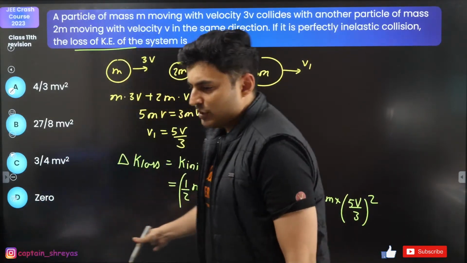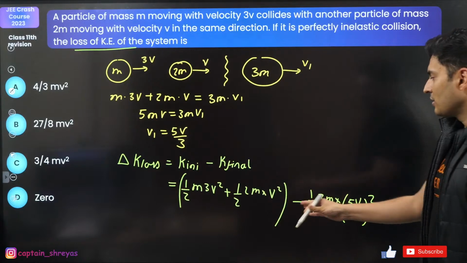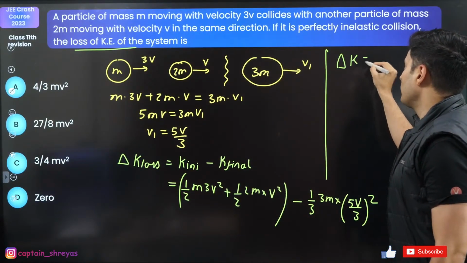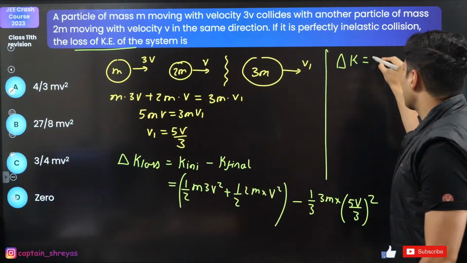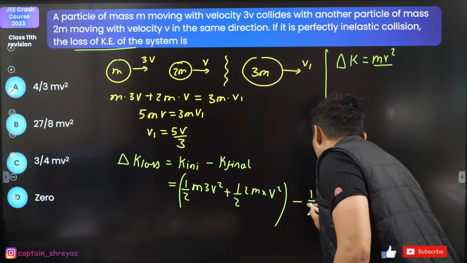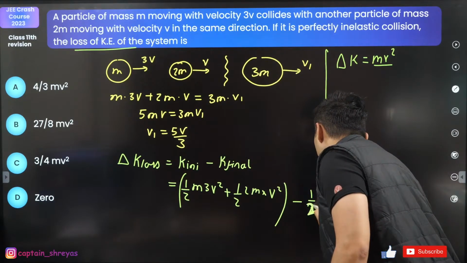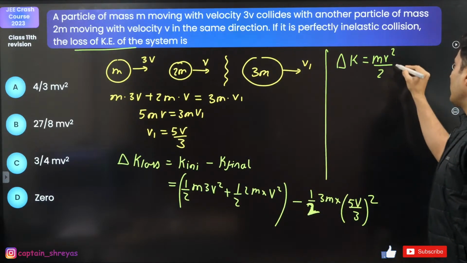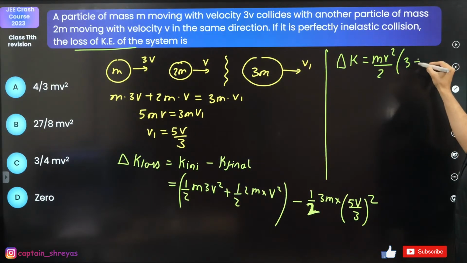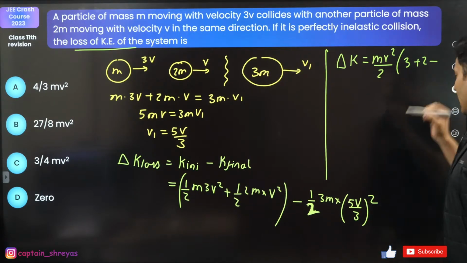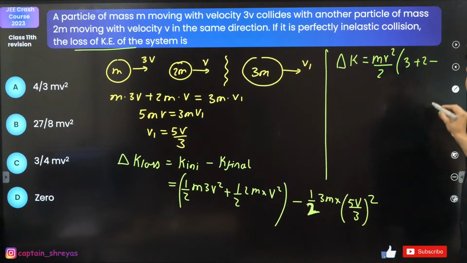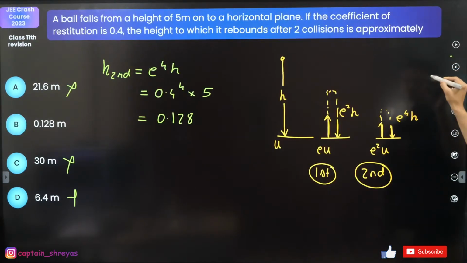Now, this is very easy to solve. I'm pretty sure you can solve it within a few steps. mv square by 2 is common. Oops, why did I put 3? This should be half, my bad. So mv square by 2 will be common, and so many other things will be there, like 3 will be there, and then you will have 2 over here, and then you will have minus over here, and this will become 25, and this 3 and this 3 will cancel, 1 3 will remain, so 25.